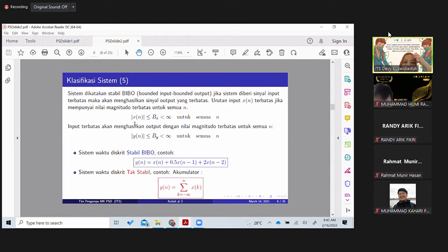So you have to make a note here that this is the magnitude. The bound, the limitation, is on the magnitude value of the input signal and the output signal, and not for the n series. So this happens for all n, but the bound is for the magnitude value of the signal.